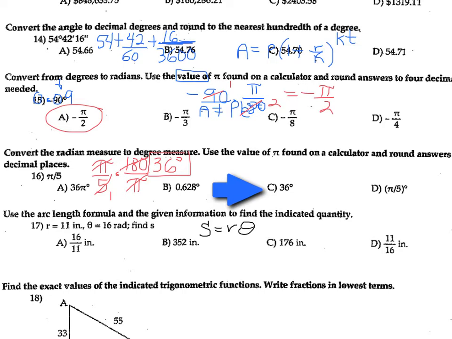And this is where theta is in radians. When it's like that, it's because it's in radians. Is this in radians? Yes, it is. So we just plug in the numbers. S equals, the radius is 11, and the radians is 16. Just multiply those two numbers, and the answer would be 176, and the unit of measure, which is inches. And that would be C.